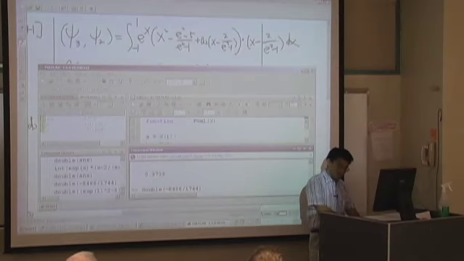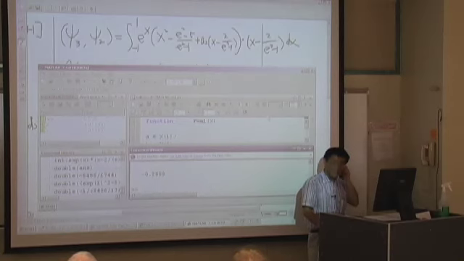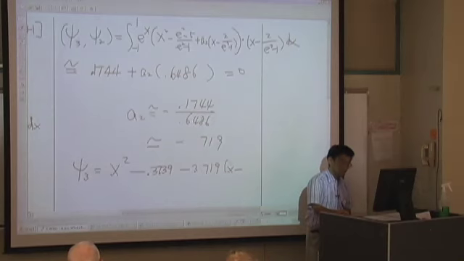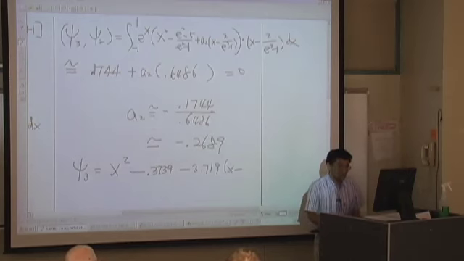I should quit early today. Sorry for all the mistakes. 0.2689. So I should not make many mistakes. 0.689. And then this should be 0.689.